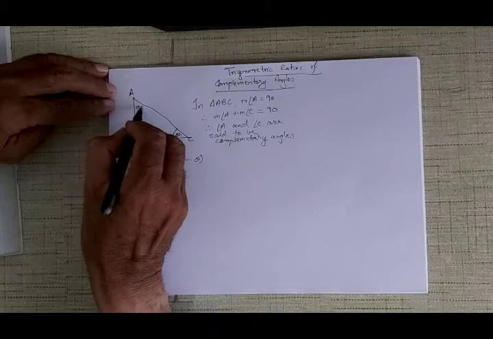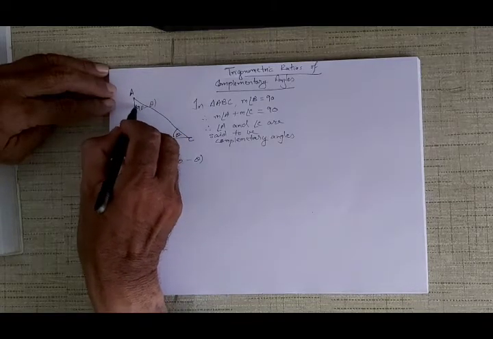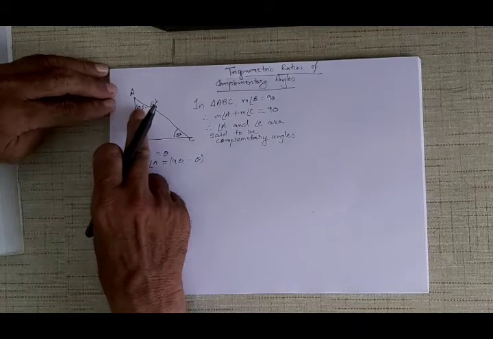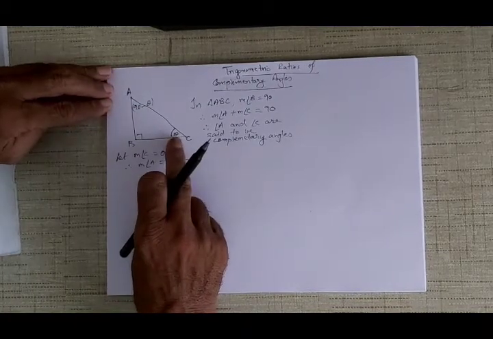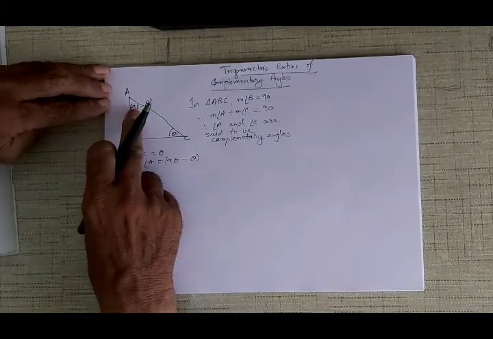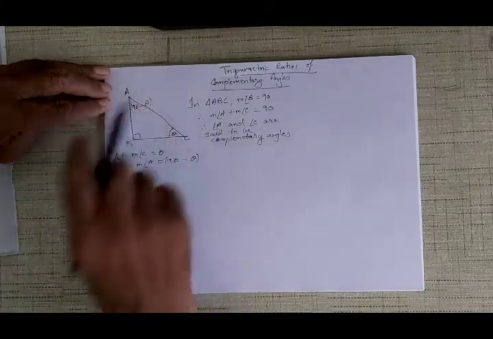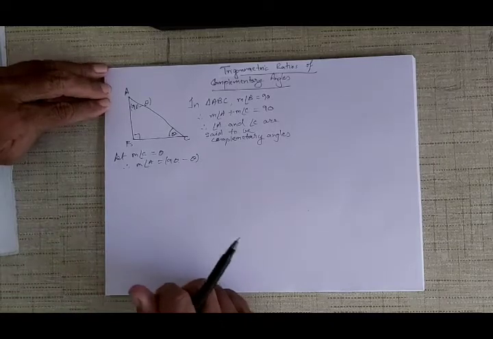So I am writing here 90 minus theta. This is measure of angle A, because if this is theta, this is 90 minus theta. If theta is 50 degrees, then this is 40, 90 minus 50. If this is 60, this is 30. If this is 20, this is 70. They form a pair of complementary angles.